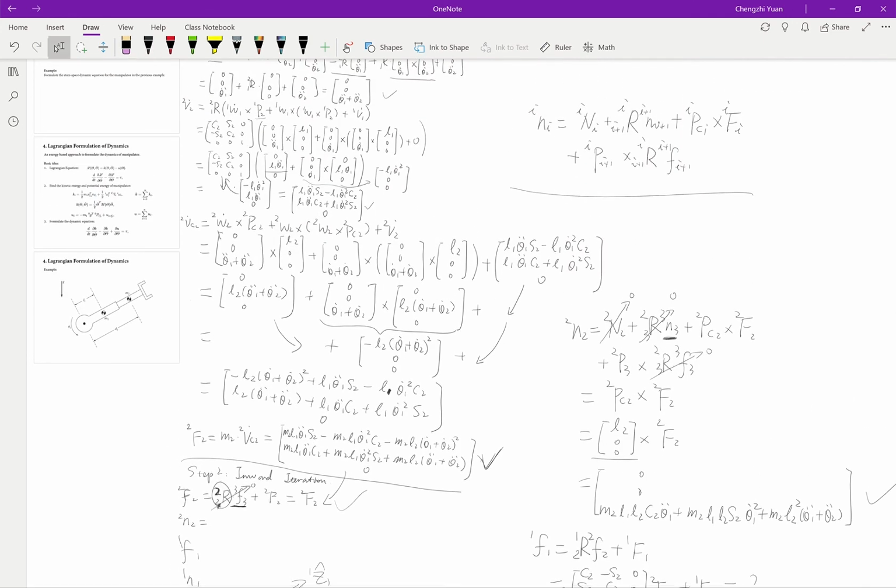I will also talk about the second method, the Lagrangian formulation of the dynamics. Instead of using this very tedious and complicated iteration procedure, we are going to learn another method based on energy balance, to derive exactly the same dynamics by following a similar procedure.